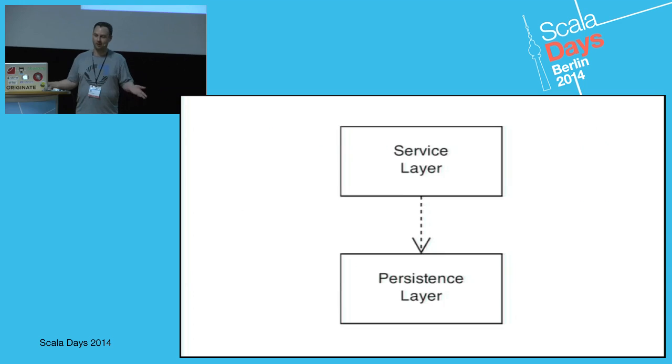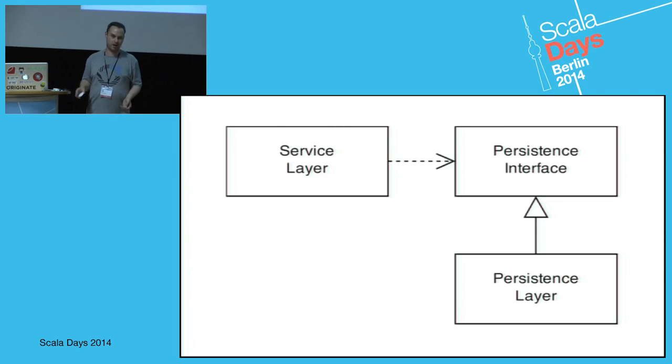But basically, all it says is instead of having your higher level layers depending directly on your lower level layers, just put an abstraction in between them. So in this case, we have the service layer actually depending on a persistence interface instead of directly on the persistence layer, and then the persistence layer also depends on the persistence interface in a different way.